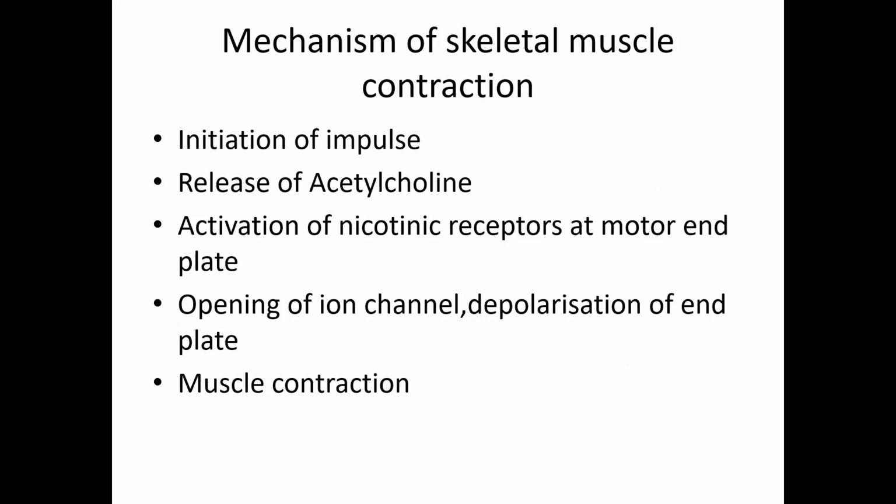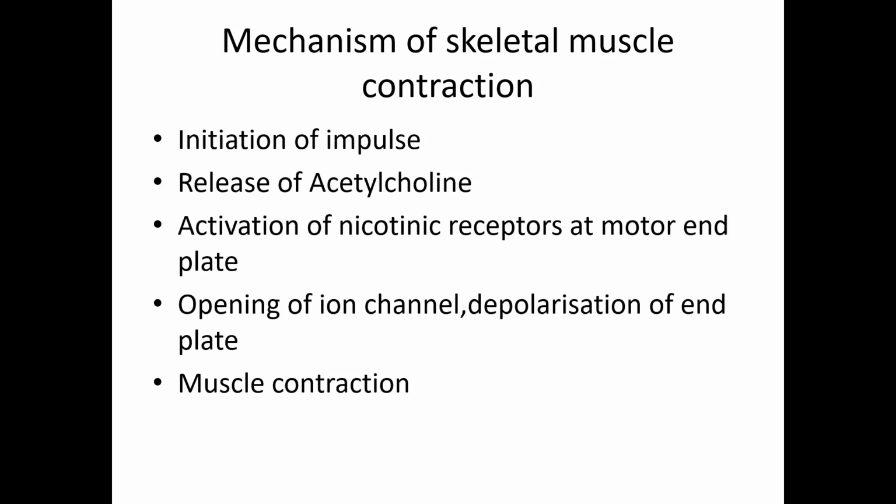Before going into detail with the skeletal muscle relaxants, we should know the mechanism of action of normal skeletal muscle contraction. Initiation of the impulse from the nerve terminal will release acetylcholine, and the released acetylcholine will activate the nicotinic receptors at the motor nerve end plate.